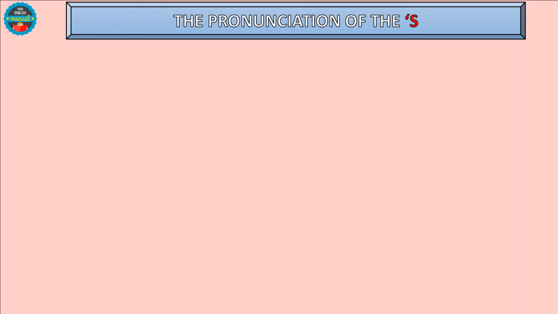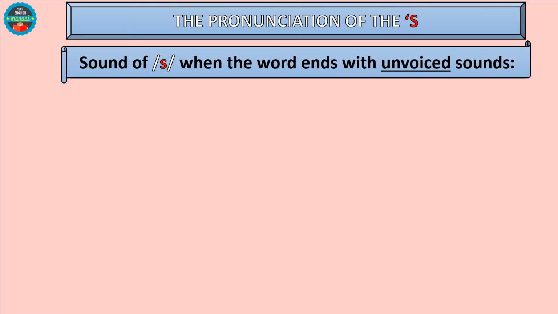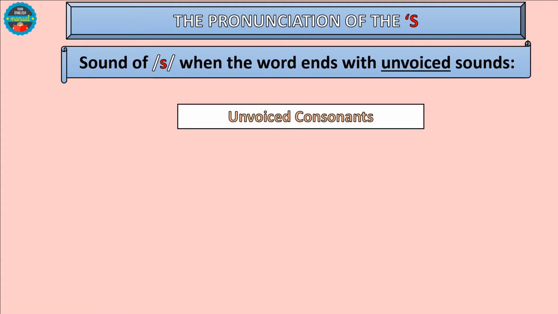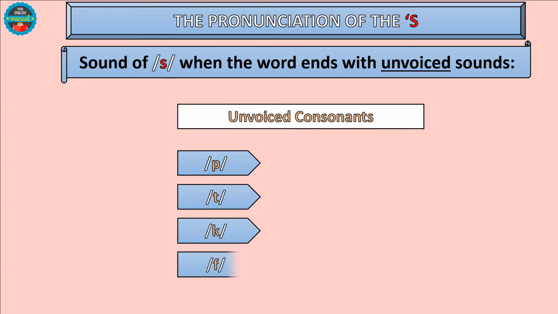The first possible sound is the sound s, that is, just the sound of the s. We'll have the sound when the word in singular ends with an unvoiced consonant sound, probably because the s sound is also unvoiced, making it easier to say both sounds together. The unvoiced consonant sounds are p, t, k, f, th.